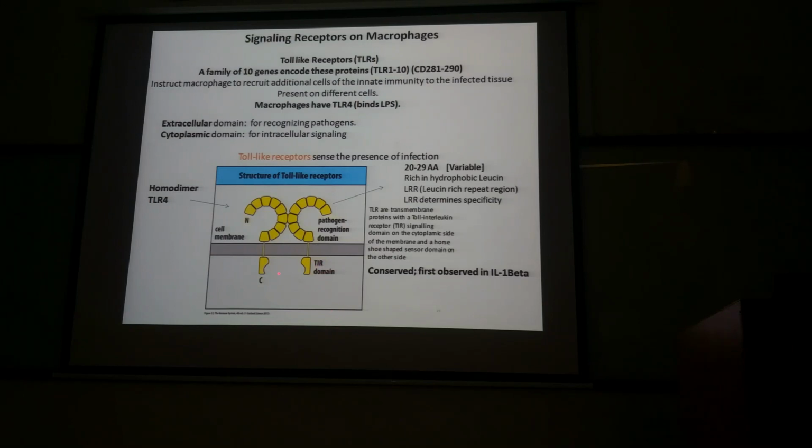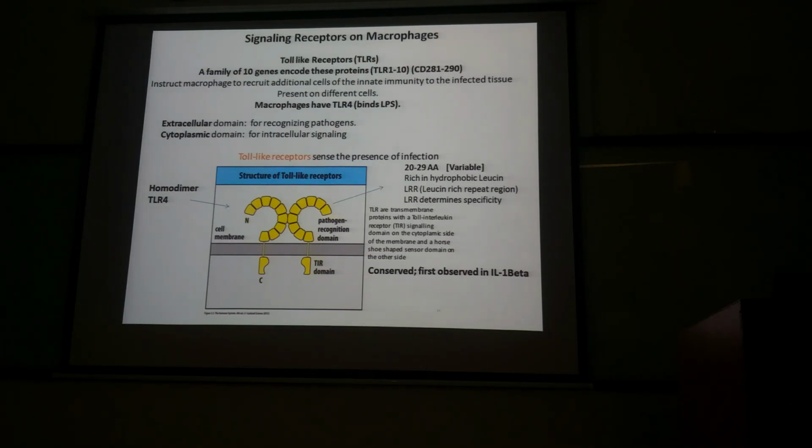So this part is conserved, the outer part is variable. This does not need variability here, because it can just start with this process of phosphorylation and dephosphorylation of different proteins which are present in the cytoplasm and lead to the release of transcription factors.